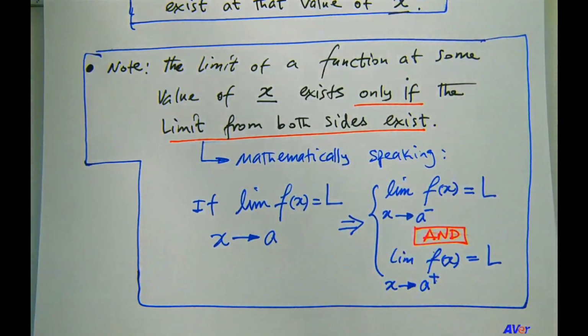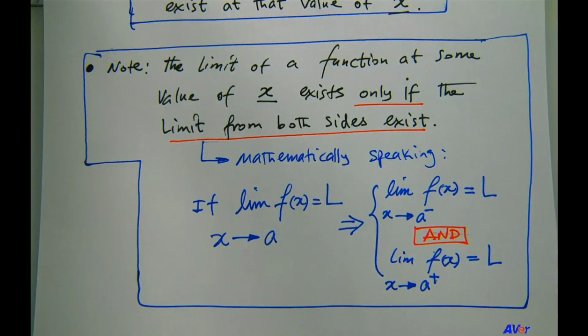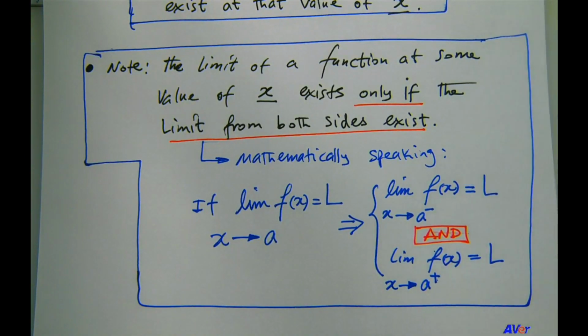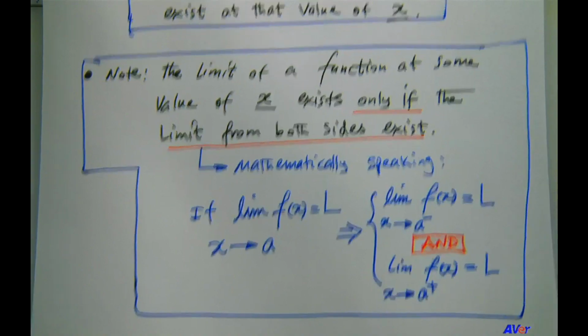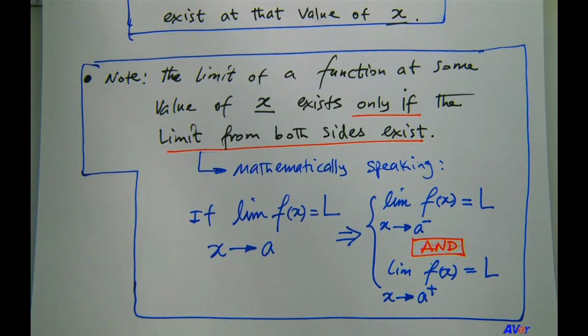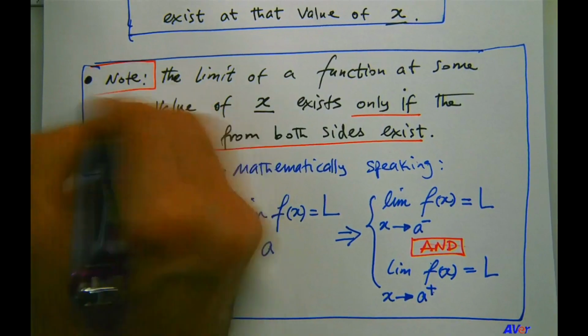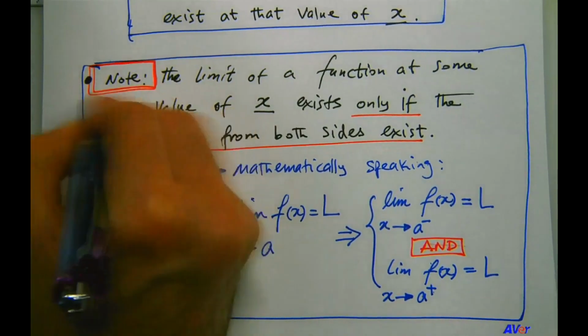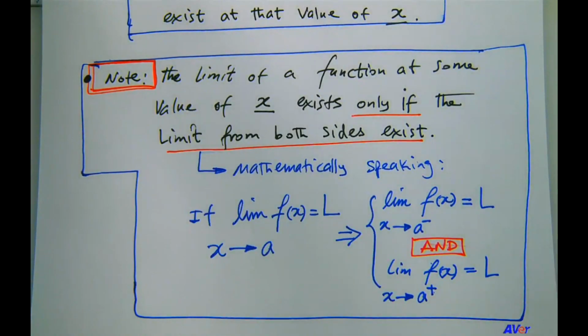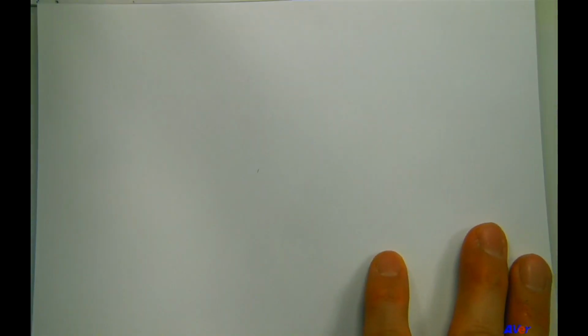Okay. One thing that we should also mention is what happens when limit approaches infinity. So that would be another note, but I don't think I have enough space on this page, so let me move to another new page.